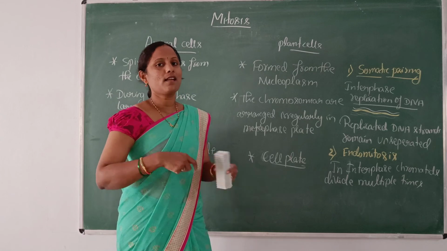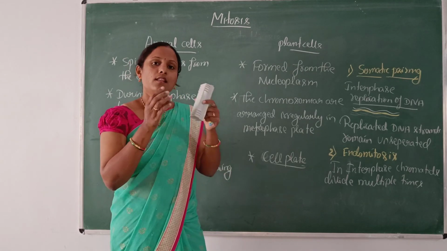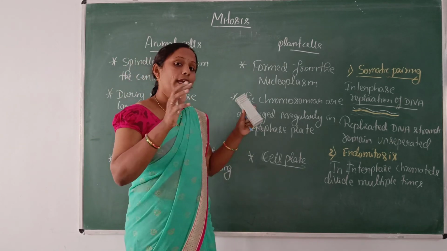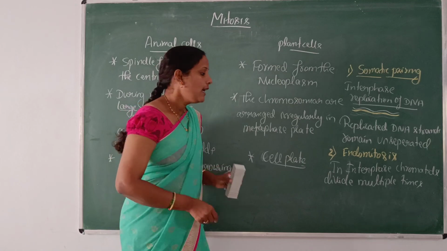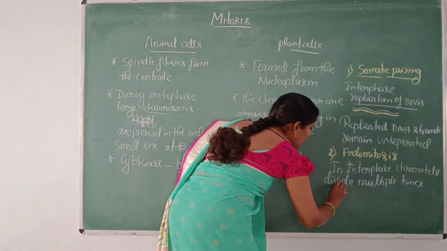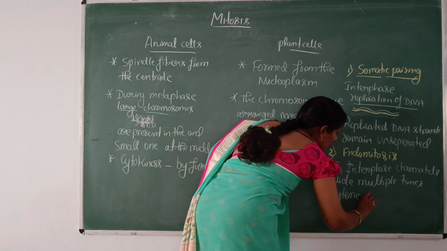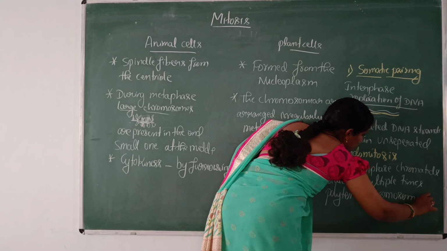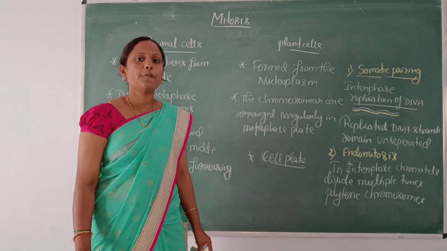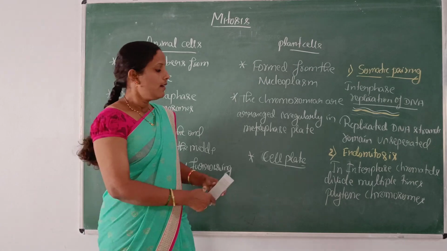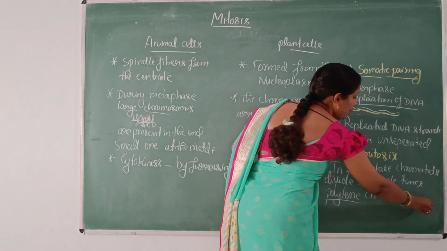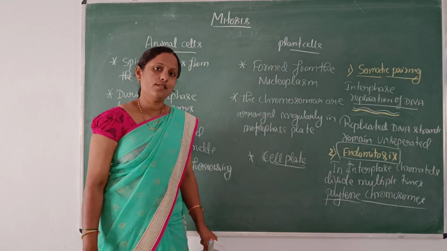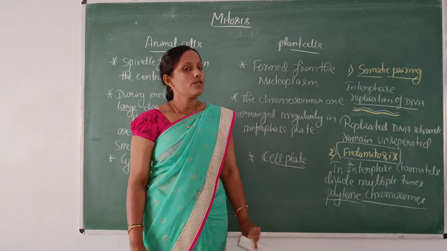Instead of once, they start dividing 10 times. That means the same type of chromatids are formed in larger amounts. They get accommodated at one place and result in the formation of polytene chromosomes. The repeated division of chromatids in the interphase results in a polytene chromosome. Such a process is called endomitosis. So two terminologies you should remember.